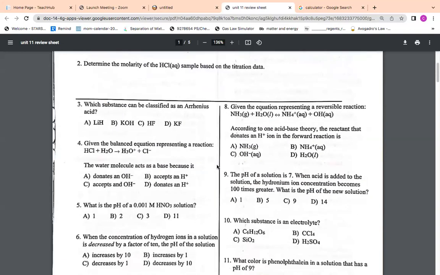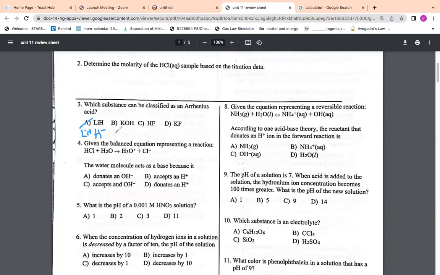Number 3, which substance can be classified as an Arrhenius acid? Again, Arrhenius acids, when they are put into aqueous solution, break up and give off hydrogen ion or hydronium ion. This one is going to break up into Li+ and H-. This one is ionic, so this is not it. Again, it has to be H+.